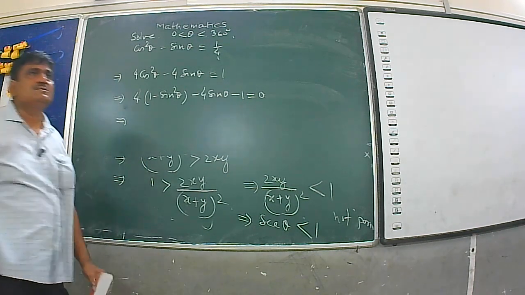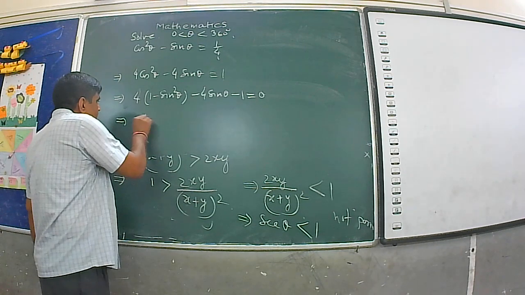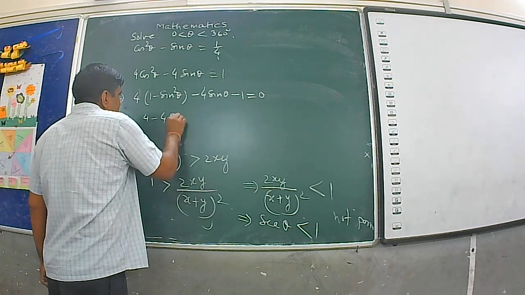Open the bracket. 4 minus 4 sin square theta, minus 4 sin theta, minus 1 equals 0.